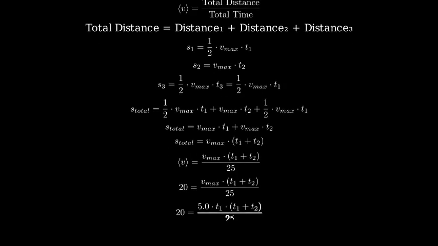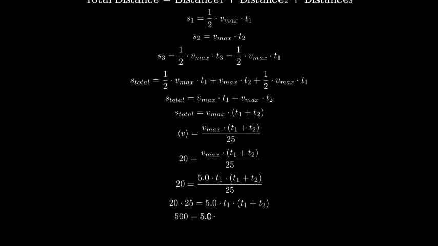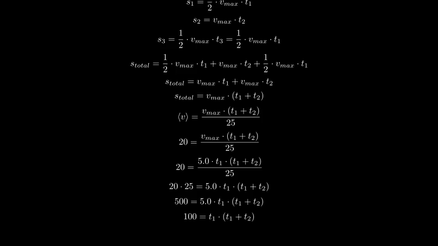Substituting v_max equals 5.0 times t_1, we get 20 equals 5.0 times t_1 times (t_1 plus t_2) divided by 25. Multiplying both sides by 25, 500 equals 5.0 times t_1 times (t_1 plus t_2). Simplifying, 100 equals t_1 times (t_1 plus t_2).